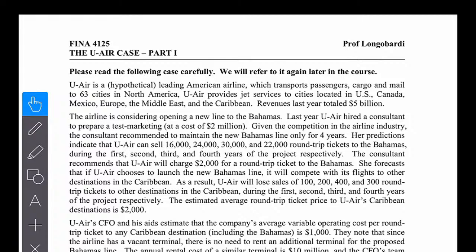I use colored markers to help tease apart the elements of a case so I can tackle it. So I suggest you find your style. The more practice you have, the better. On the test this weekend, there'll be a case, and I will distribute different cases to different students. So there'll be several different cases.